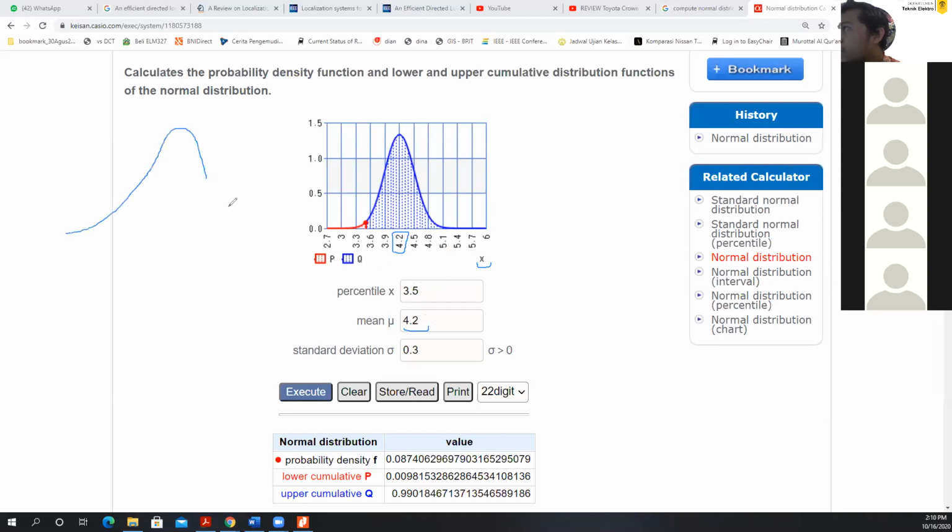From this figure, 3.5 is right here, the maximum. So the area from infinity is drawn with the red line here. This point is equal to 3.5, and we also put the standard deviation as 0.3, and then we can compute. Just execute this one.